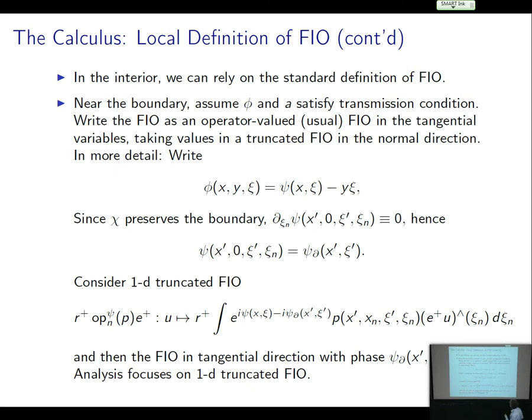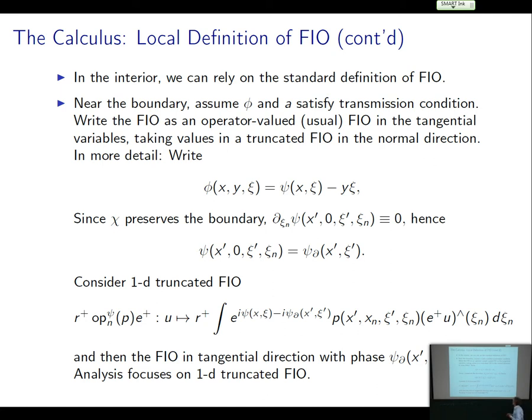So you have the amplitude multiplying the Fourier transform of u extended by 0, and then you have e to the i, and the phase now is just the difference of these two phases that you have here. Okay, so this is the normal direction, and then in the tangential direction, you just have the remaining phase at the boundary. So this should be a y, because it's split up in the same way.